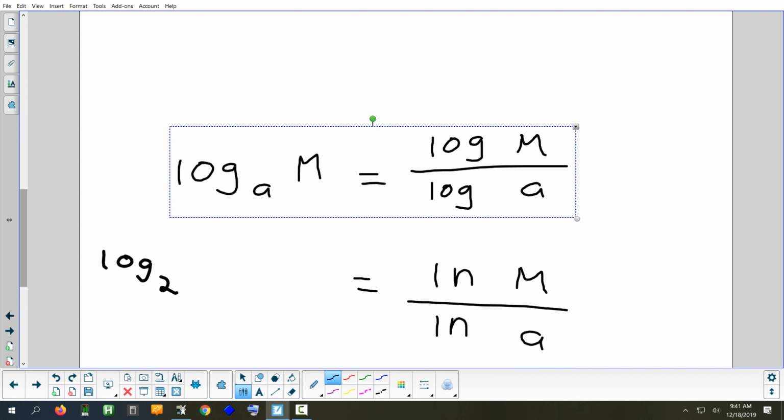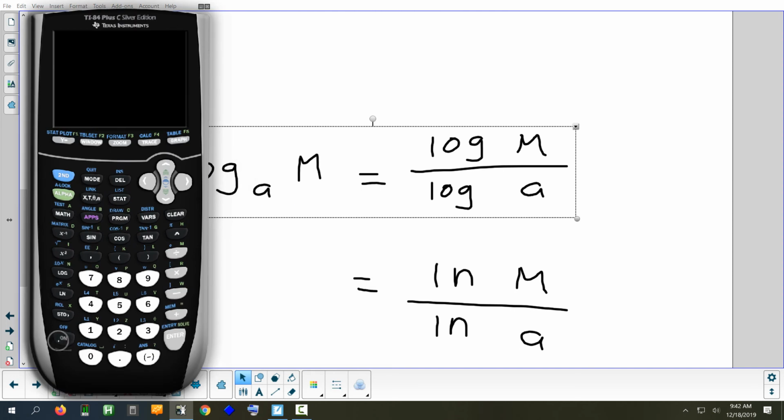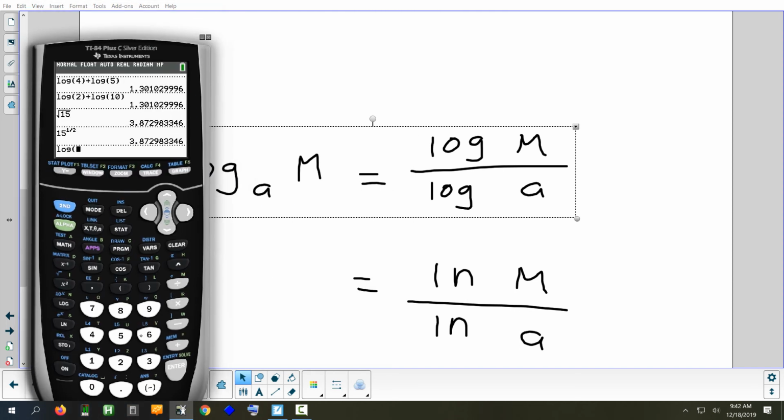So log base 2 of 6. Let me show you. Log 6 divided by log 2. Let's type it in. Log 6, close parenthesis, divided by log 2. Now, type the same thing with ln: ln 6 divided by ln 2. Exact same answer.